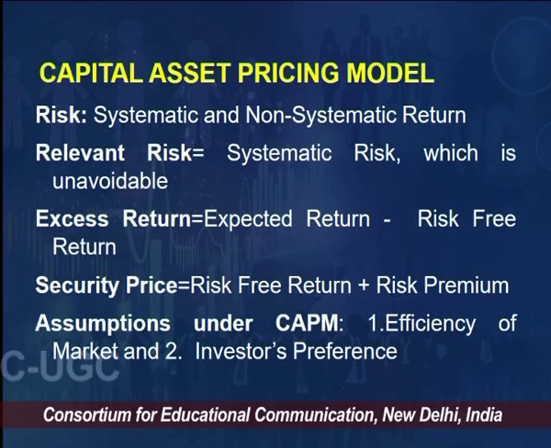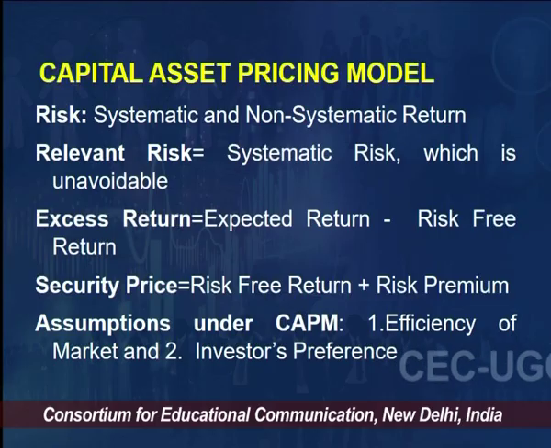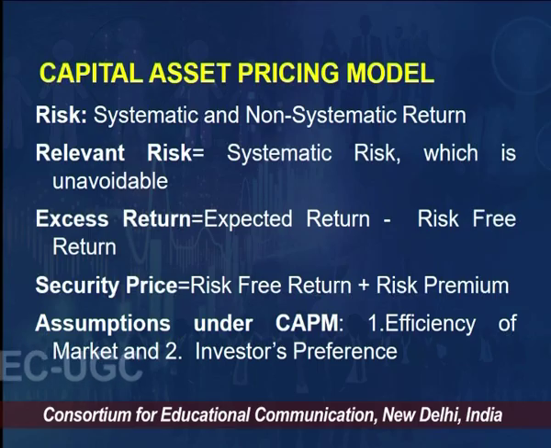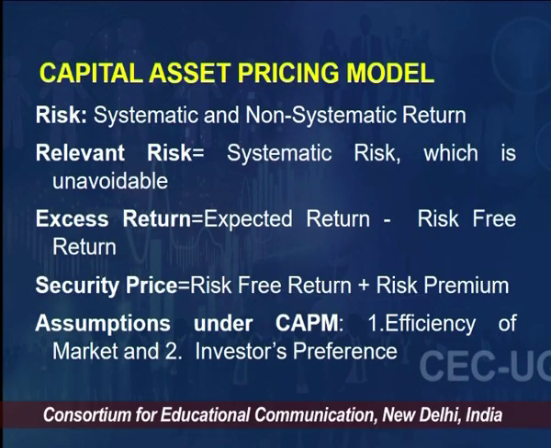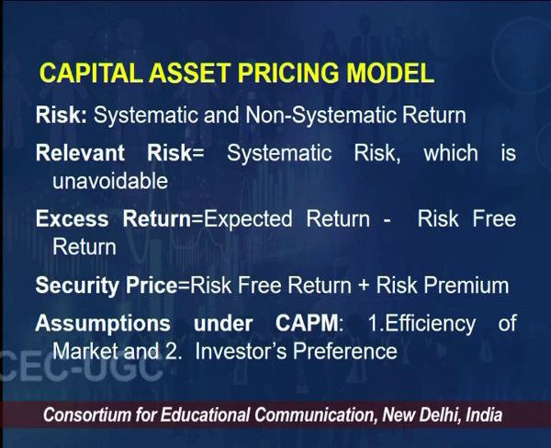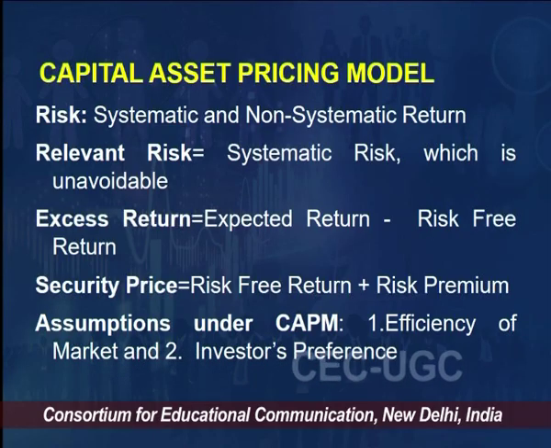The difference of RM and RF basically expresses the excess return anybody is expecting, so expected return minus risk free return. Anybody is expecting this excess return, which is equated as the premium for the risk taken by deciding to invest in your company, right.